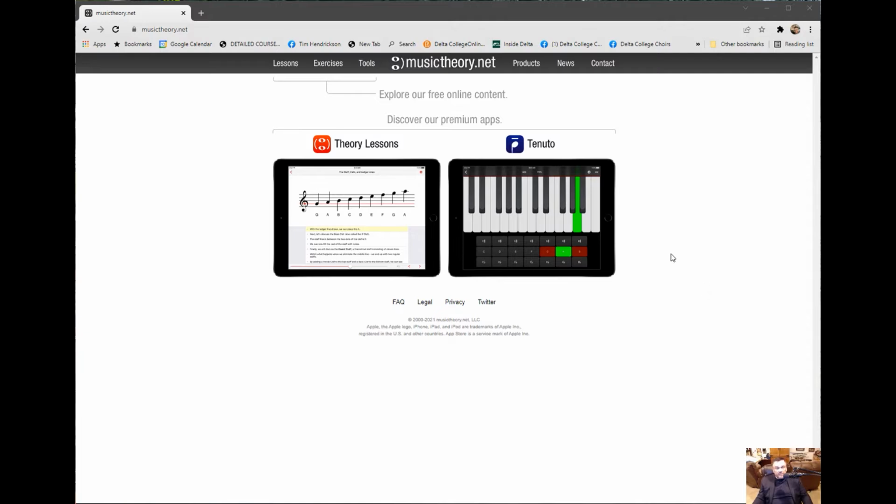So what we're looking at right now is a site called musictheory.net. I do have this link embedded on our e-learning site, so you are free to use it whenever you can. I mentioned a moment ago, if you have the capacity on your laptop or your PC, whichever you're using, to open up two browsers at one time, and you have this one playing on one browser while you're taking your midterm, perfectly fine with me.